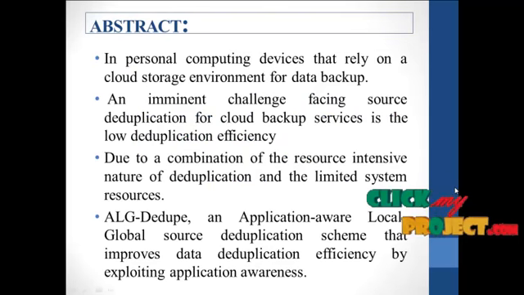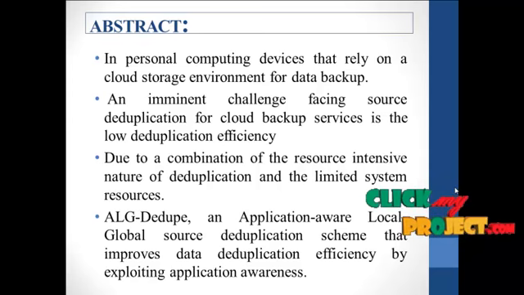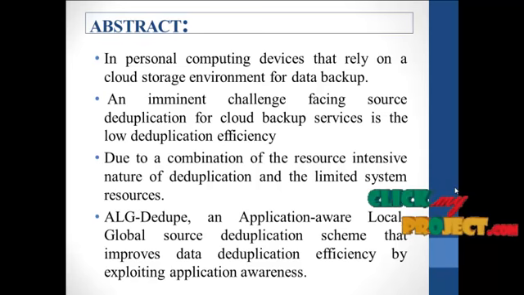Abstract. In personal computing devices that rely on a cloud storage environment for data backup, an immediate challenge facing source deduplication for cloud backup services is the low deduplication efficiency. Due to a combination of the resource-intensive nature of deduplication and the limited system resources, ALG-Dedup, an application-aware local global source deduplication scheme, improves data deduplication efficiency by exploiting application awareness.